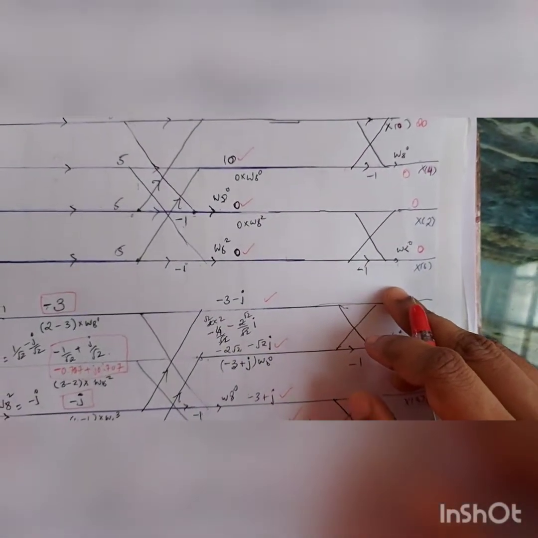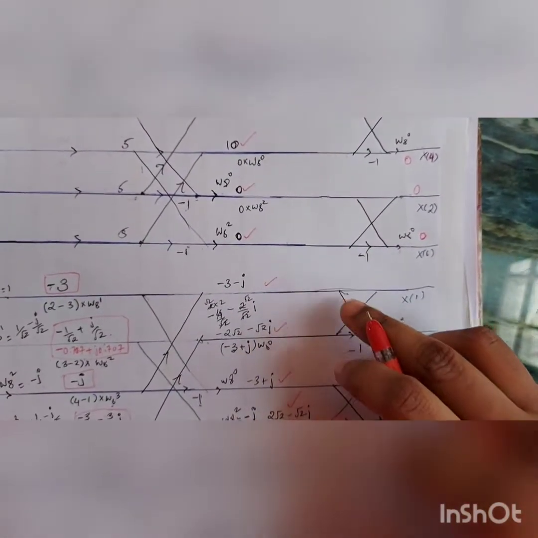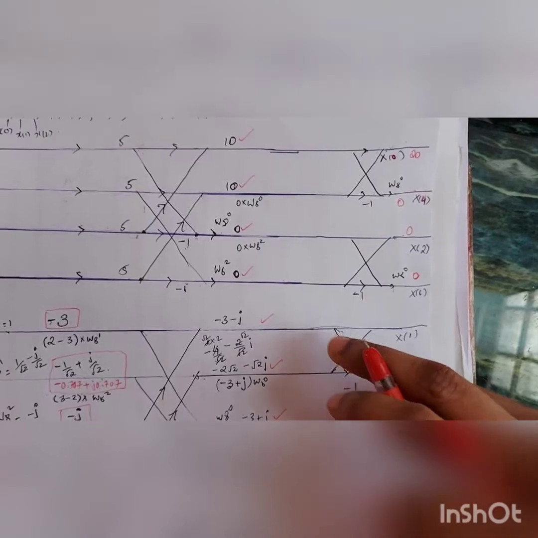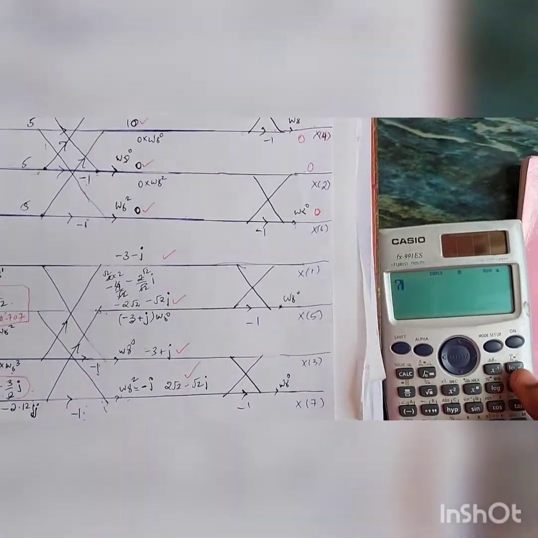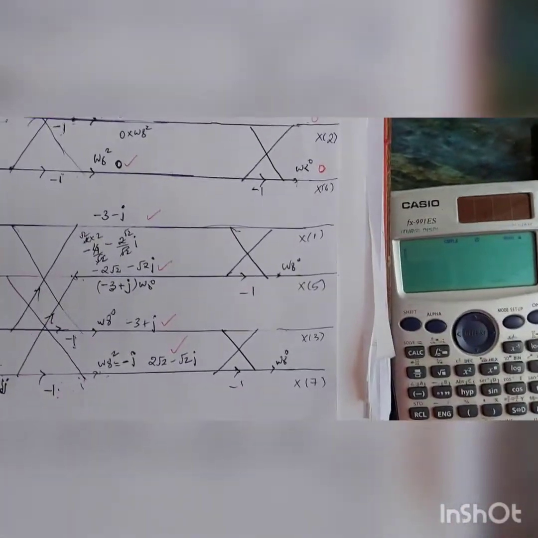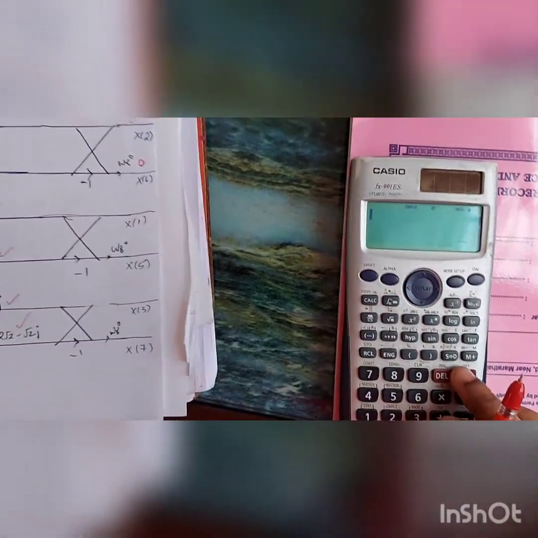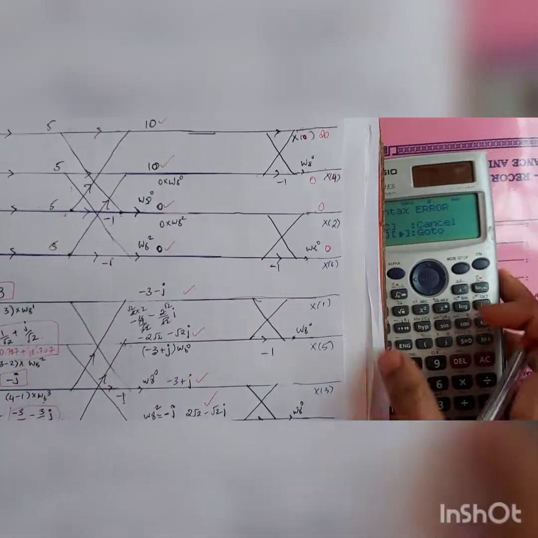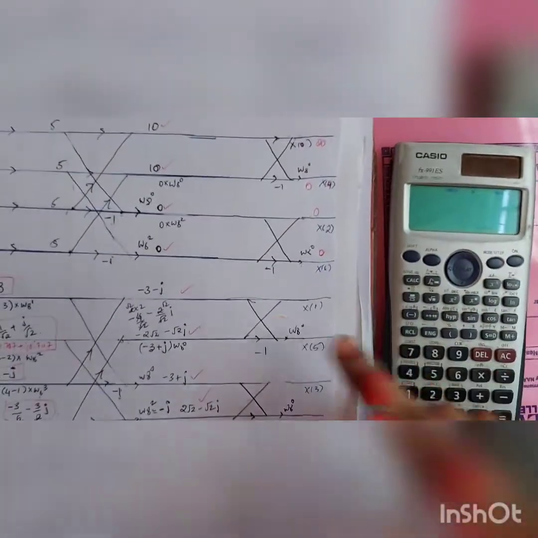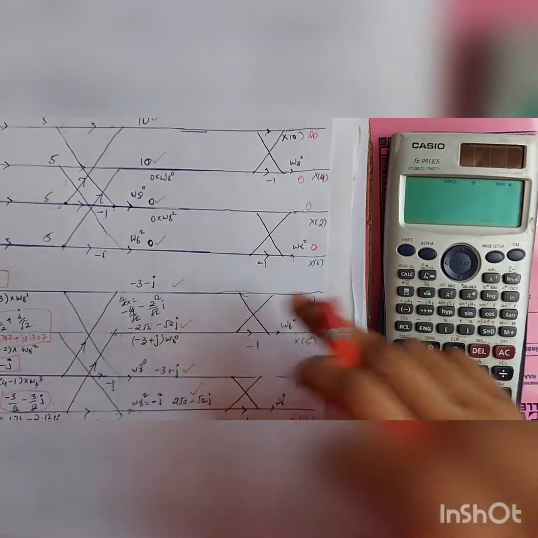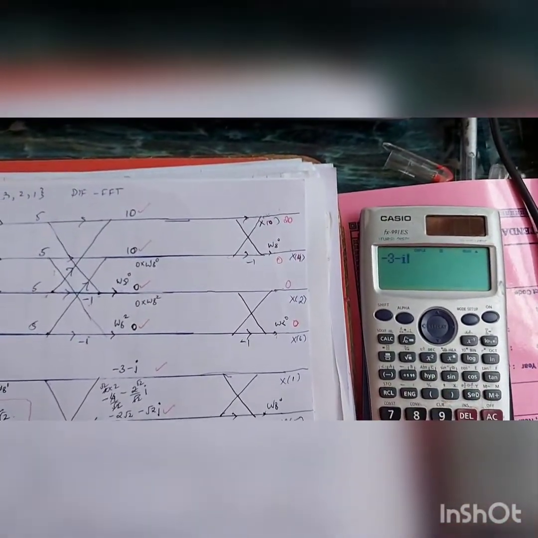x of 1, you do it, add these, you can add these and write it. So this will be minus, sorry, okay, this value minus 3 minus j plus minus 2 root 2 minus root 2j, minus 3 minus j.